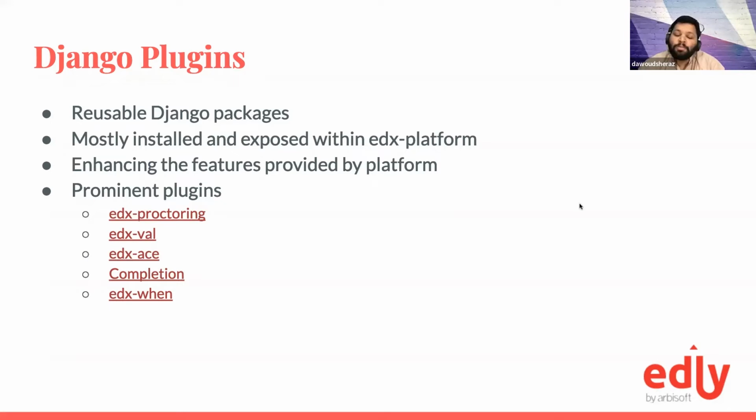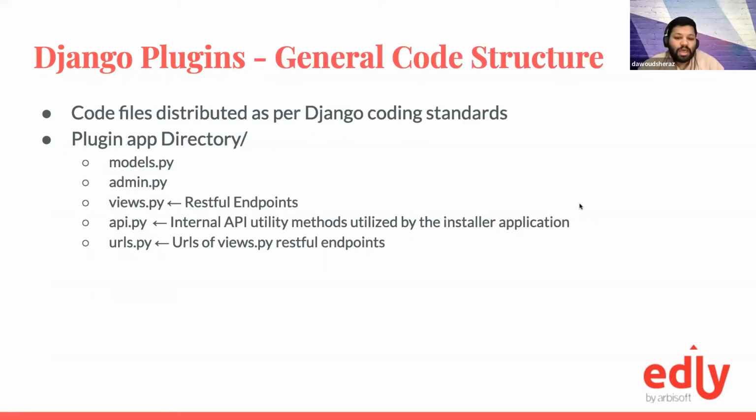In terms of the distribution, they will have only a single application, or single Django app, and the files are distributed according to Django coding standards as well, following the IDA pattern. There will be one main app.